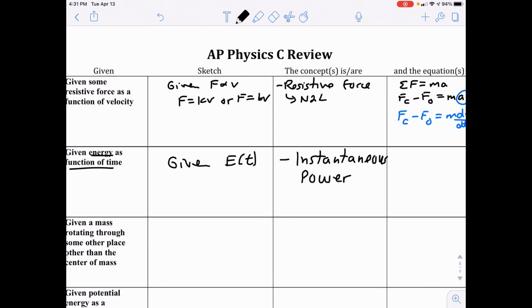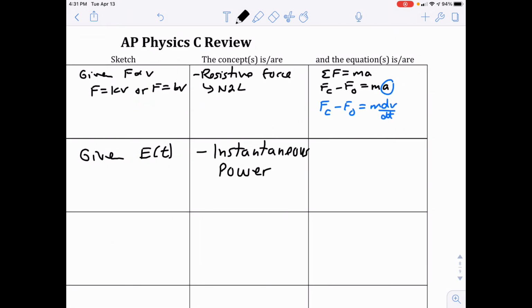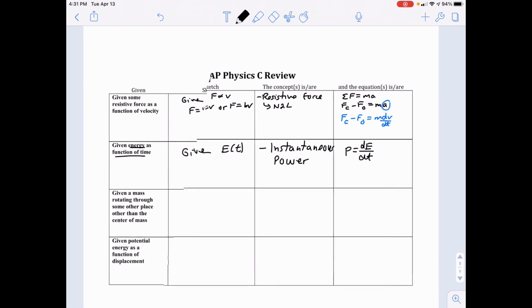And power relates to the rate at which work is done. So if I'm given energy as a function of time, power would be taking that energy function and taking the derivative of it with respect to time. So taking the derivative of that function with respect to time would give us the instantaneous power.